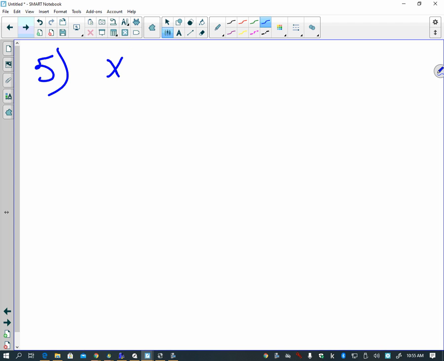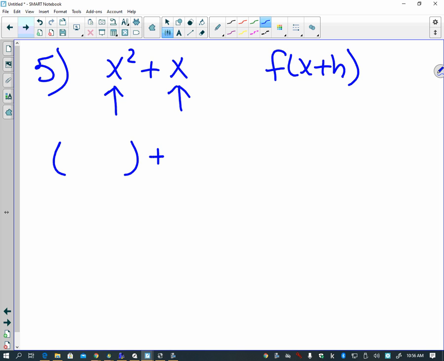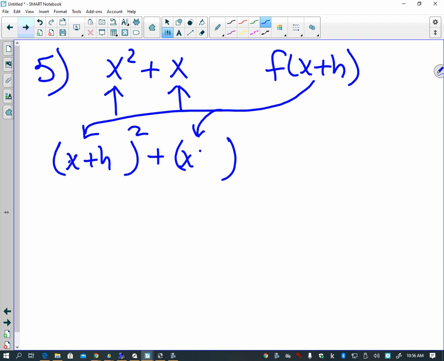5. It gives you x squared plus x, but it wants you to find f of x plus h. All that means is everywhere there is an x, you're going to put in a set of parentheses, and then inside that set of parentheses you're going to put x plus h. Because this is x plus h squared, you FOIL that.